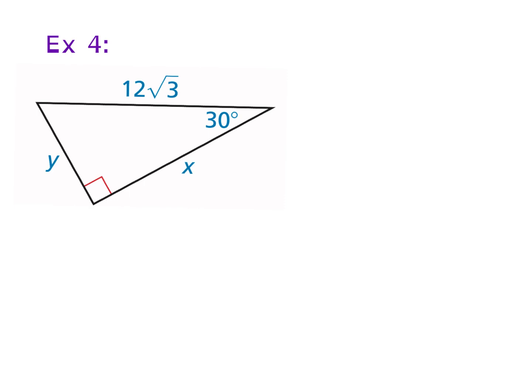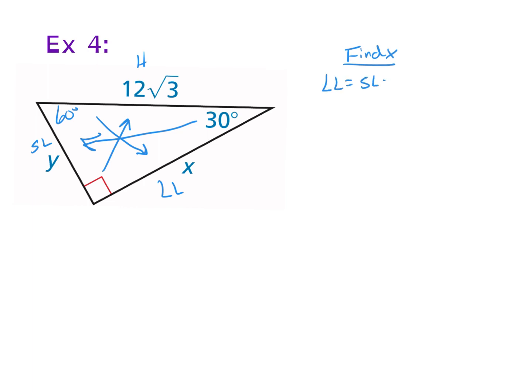So the last example, we have across from 30 is my short leg. This is 60. Across from it is going to be my long leg. And across from the 90 is my hypotenuse. All right, so we can try to find x first. X is a long leg, so it's going to be long leg equals short leg times square root 3.